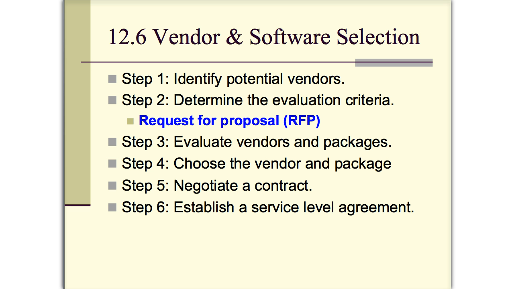for how they would provide that particular service. Step 3, you're looking at the different vendors and the packages or proposals that they give. Step 4, you're choosing the vendor and the package. Step 5, you have to negotiate a contract.